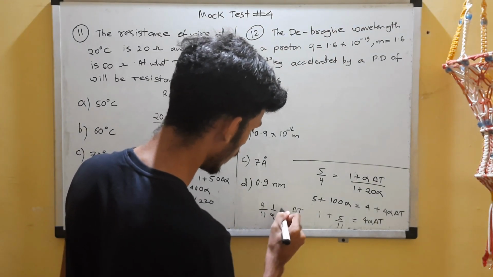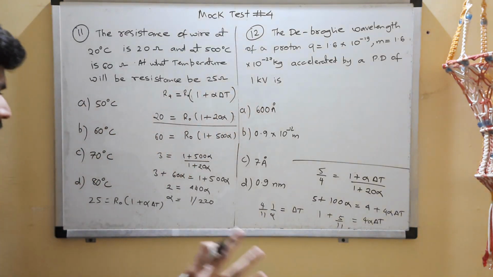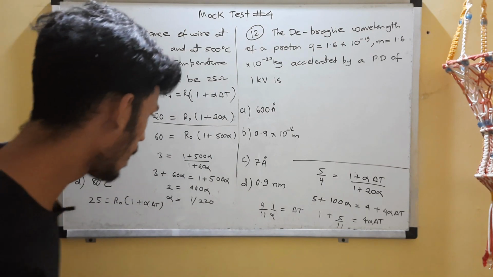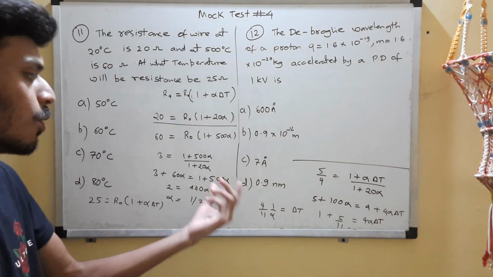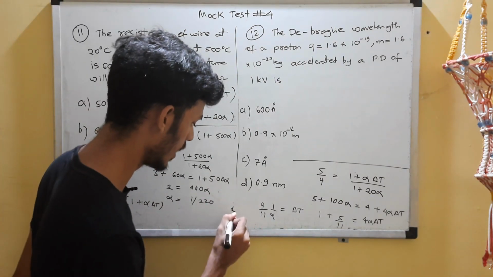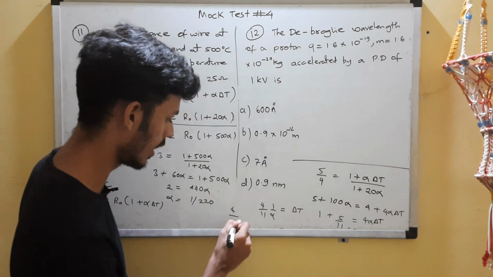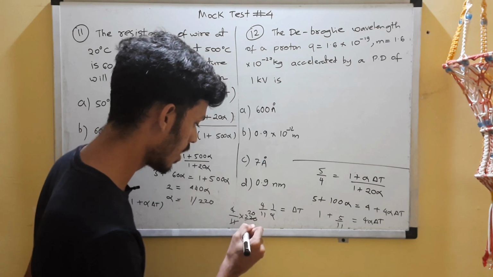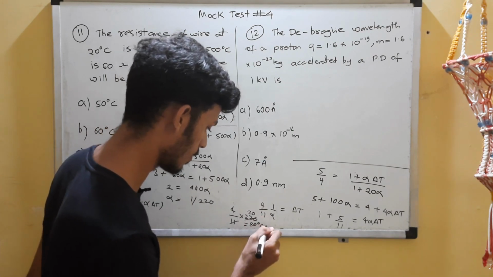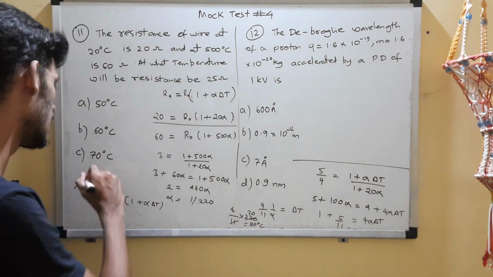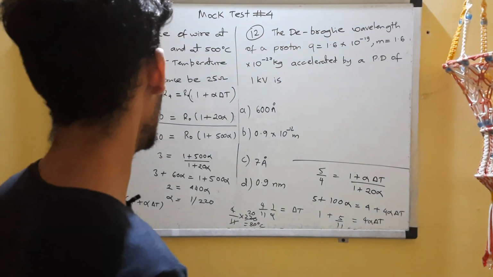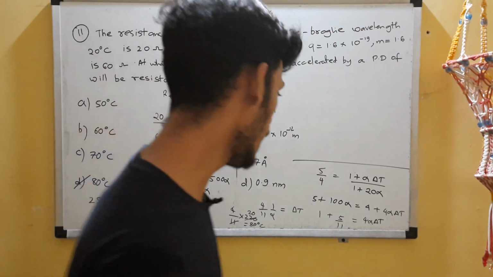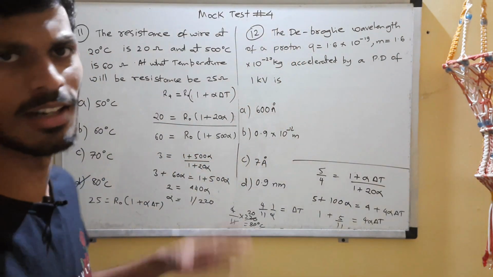So 1 by alpha is delta T. That is the temperature that we want to raise. 1 by alpha will be 220 because alpha is 1 by 220. So this is 220, this is 11, so this is 80 degrees Celsius. So the temperature rise should be option D, 80 degrees Celsius, in order for the resistance to become 25 ohms. I think that was simple, just a bit lengthy.